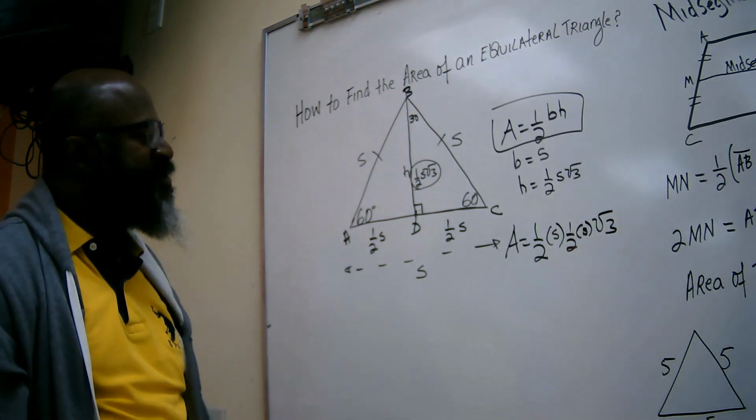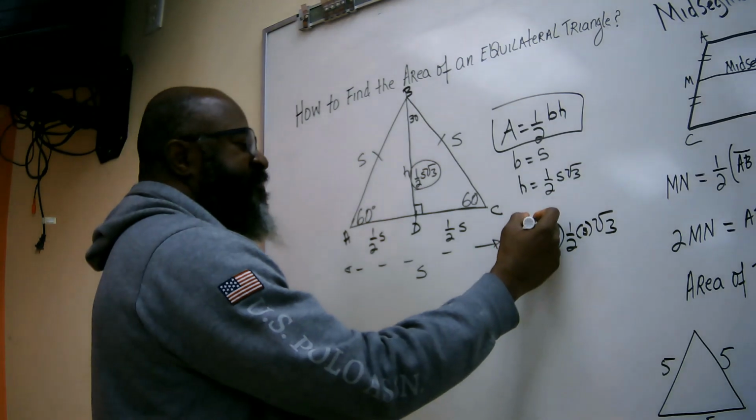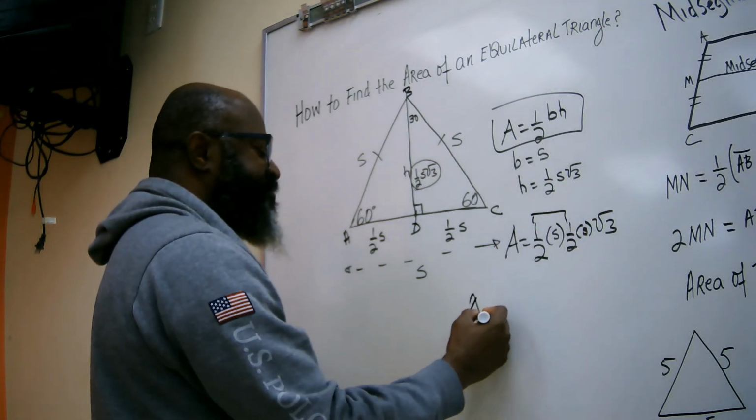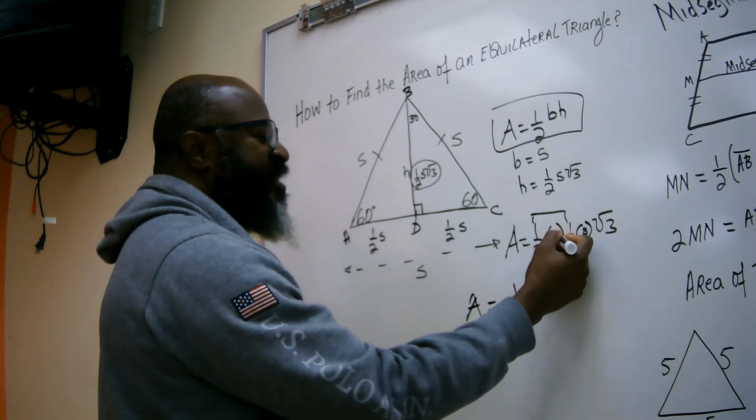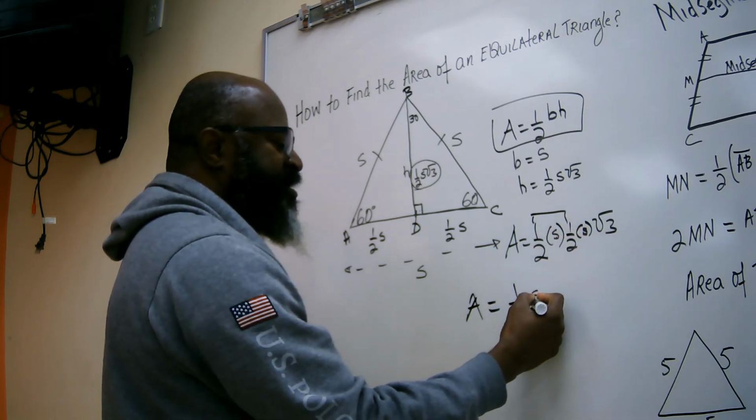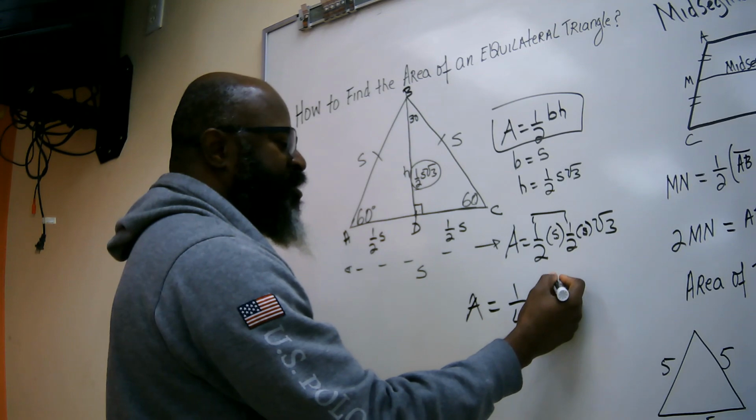Then we have 1/2 times 1/2, which becomes 1/4, and S times S becomes S squared, times square root of 3.